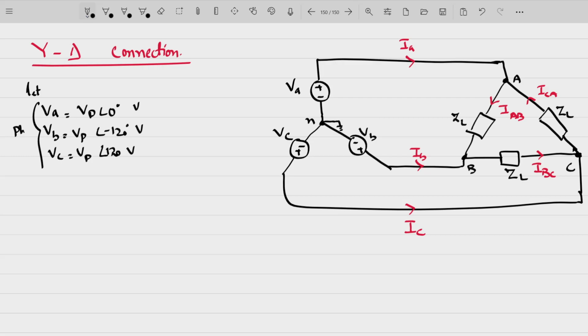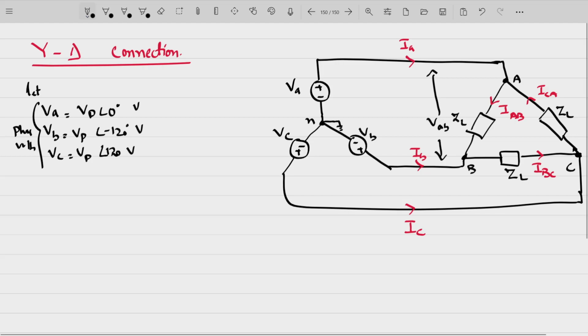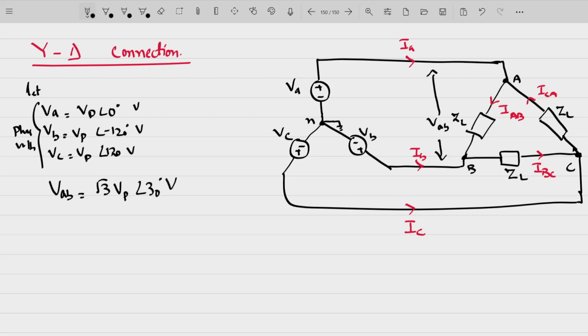These are the three phase voltages that are originating from the source. And now what will be the voltage across the lines? The voltage across this will be VAB. So VAB, as we know, is equal to root 3 VP angle 30 degree volts.